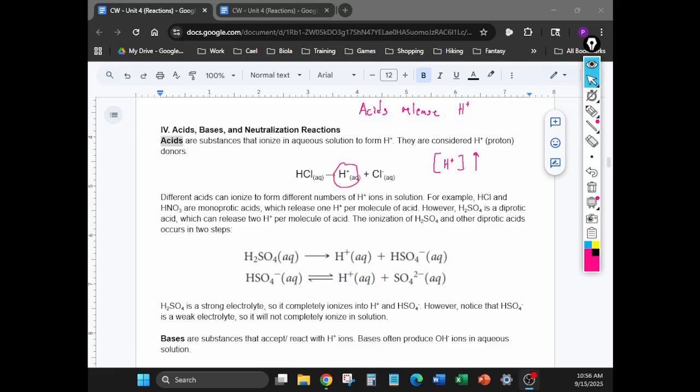The most common type of acids that you will see are called monoprotic. Mono means one, protic, proton, so they have one proton. Acids like HCl, HNO3, HBr: you see how there's one hydrogen in there? So they are monoprotic because they release one proton.